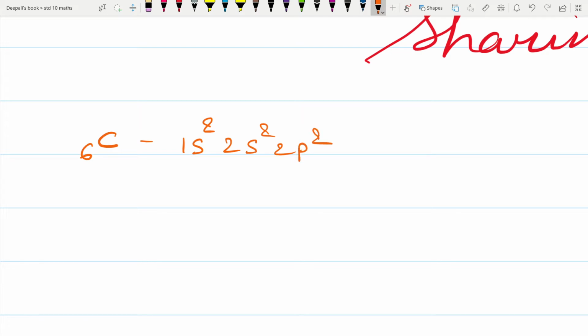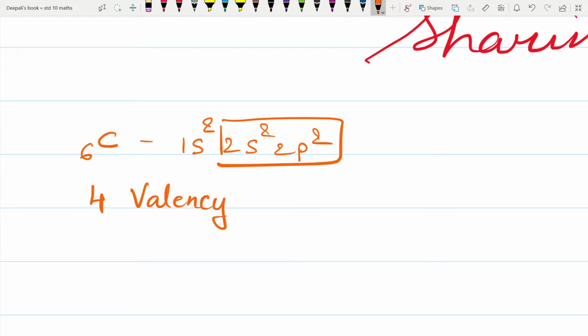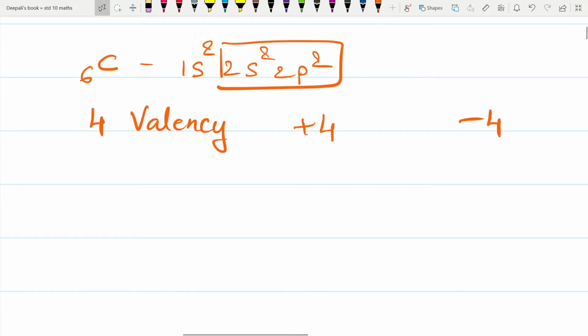Its valence shell has 4 electrons, so its valency is 4. Now this valency could be plus 4 or minus 4. Plus 4 means it has a total of 6 protons, and because it is giving away its 4 electrons and becoming positive, it will have only 2 electrons left.